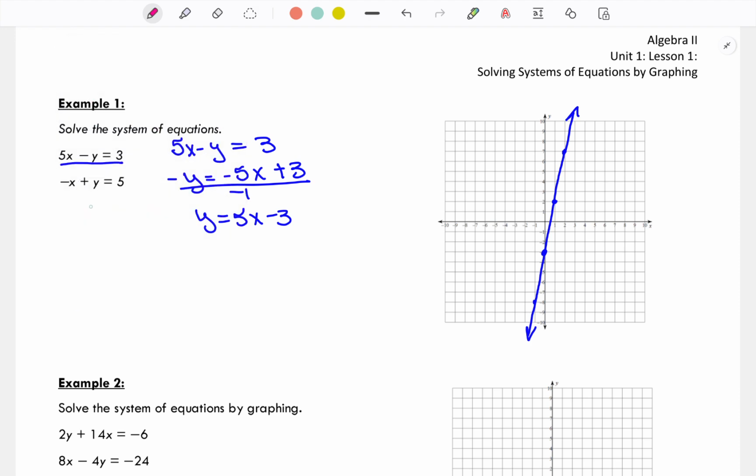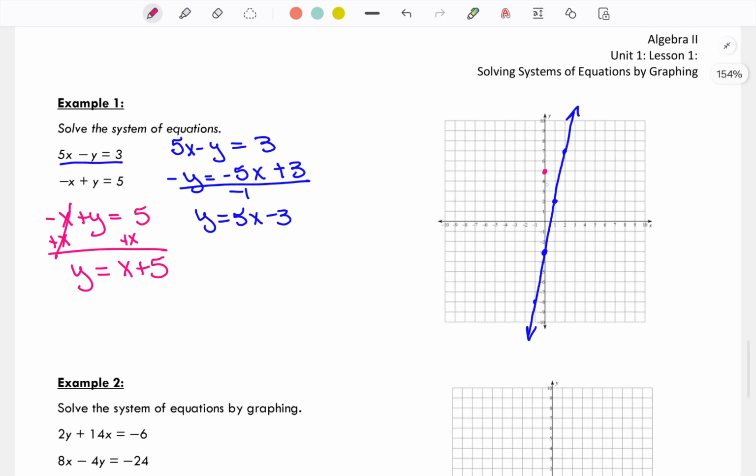And then for our second line, we are going to take -x plus y equals 5, and we have y equals x plus 5. So our intercept is going to be 5.